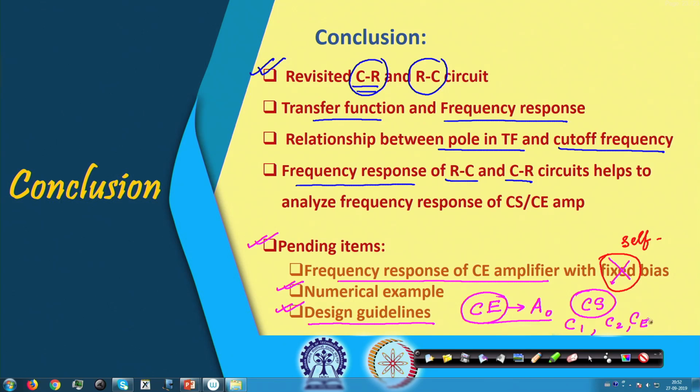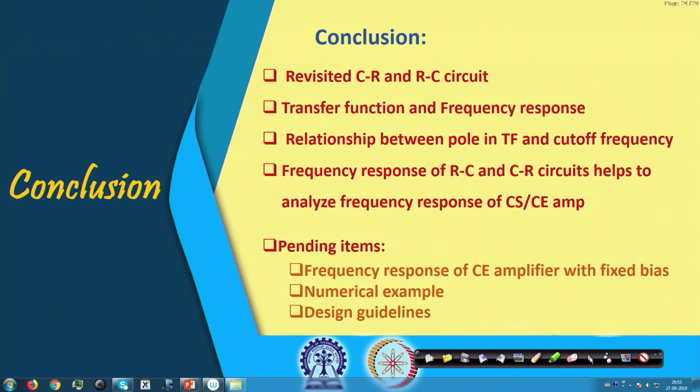They are also in fact part of the design. So, once we cover the frequency response, we can revisit the design guidelines of the CE amplifier to get more appropriate expressions for C1, C2 and CE. I think that is all I need to cover in this module.